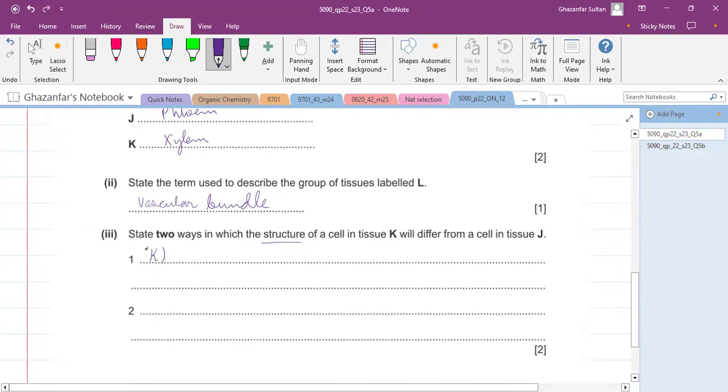K, that is xylem, has thick and lignified cell wall.